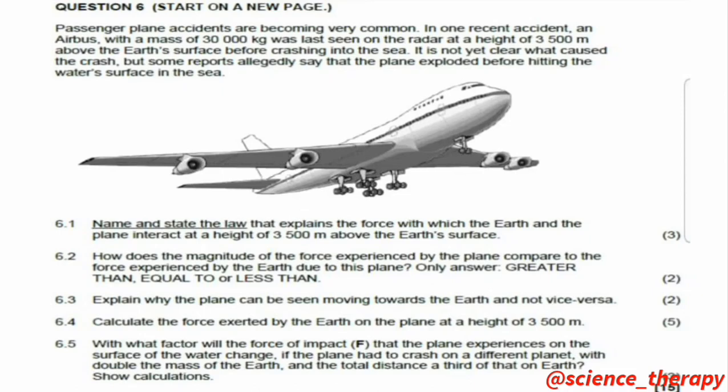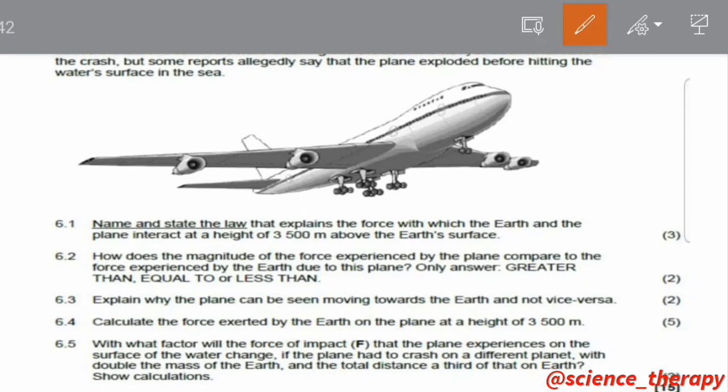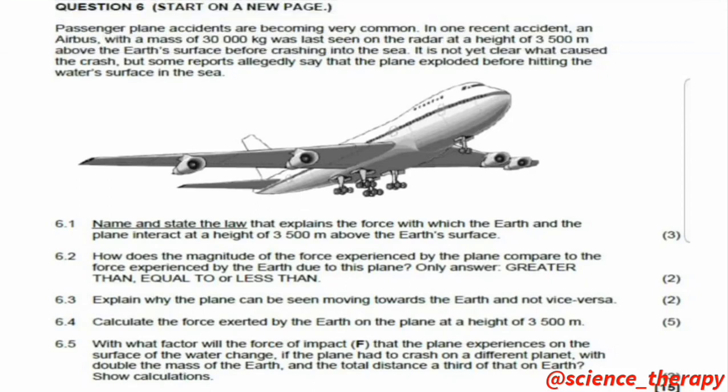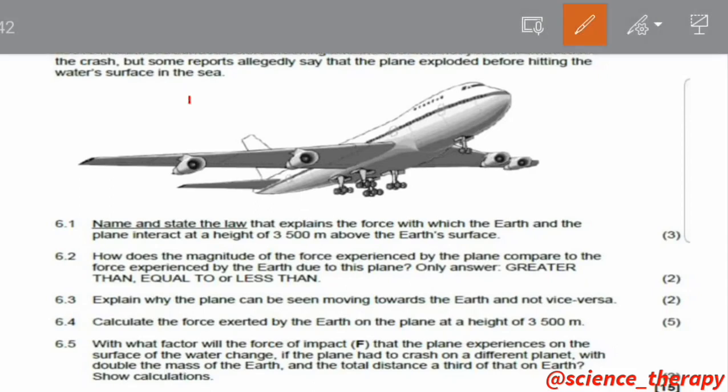So 6.4 now says, calculate the force exerted by the Earth on the plane at a height of 3,500 meters. Now pause there. Remember what we spoke about, right? If the Earth is interacting with an object that is above the Earth, then what do we have for the distance?